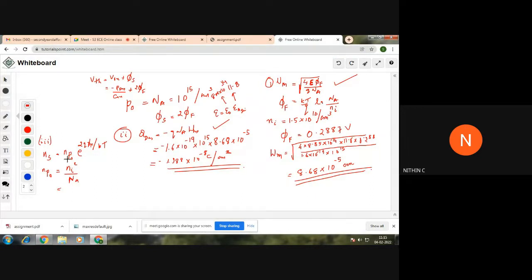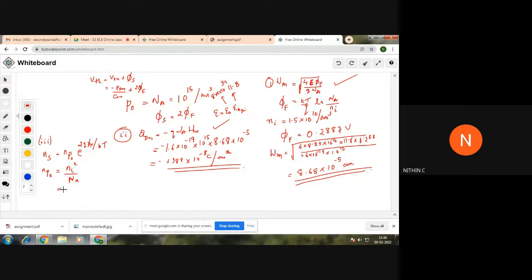Substitute that over here. One thing you should notice: here it is given as e raised to 2q phi f. This can be written as 2 phi f divided by kt by q, so that you can directly substitute 0.026 at the denominator. You can write it as 2 phi f divided by kt by q, and kt by q can be written as 0.026. Try to do this.